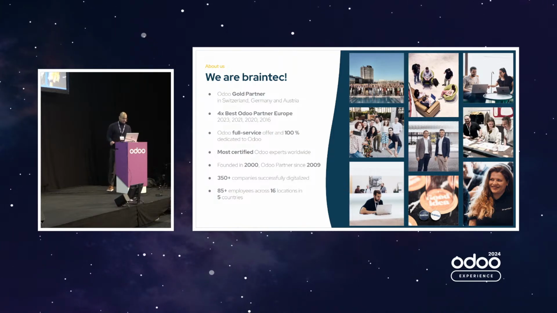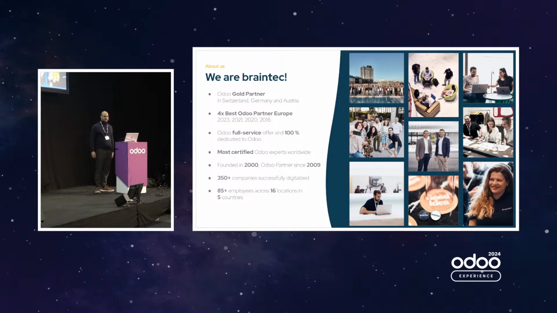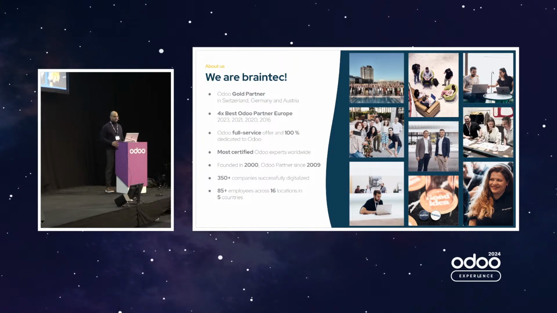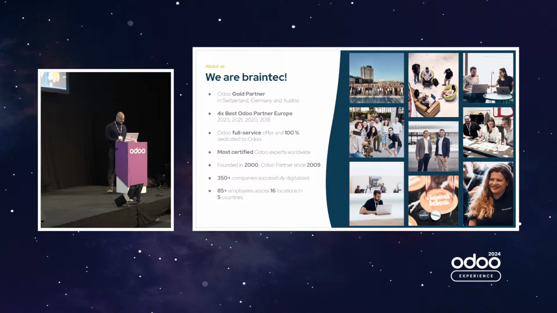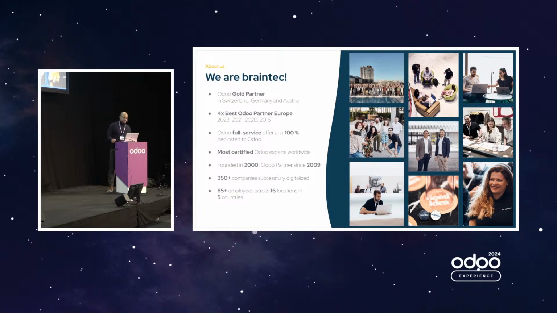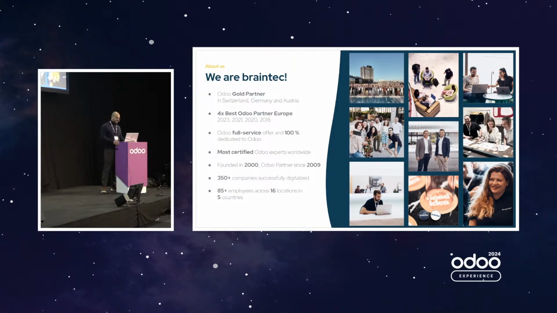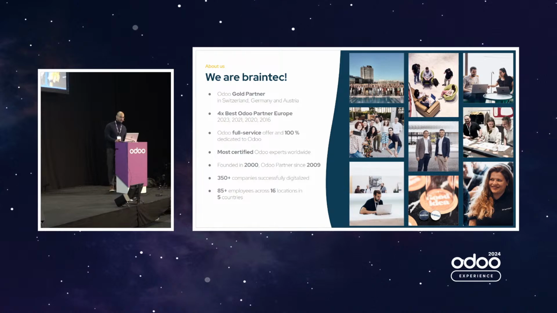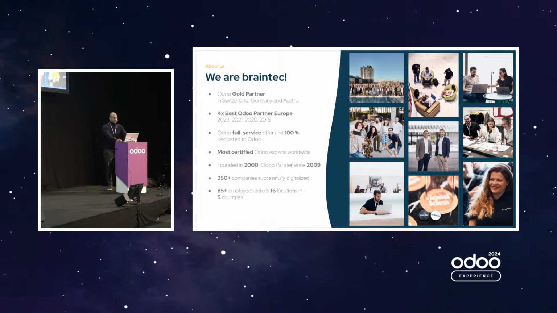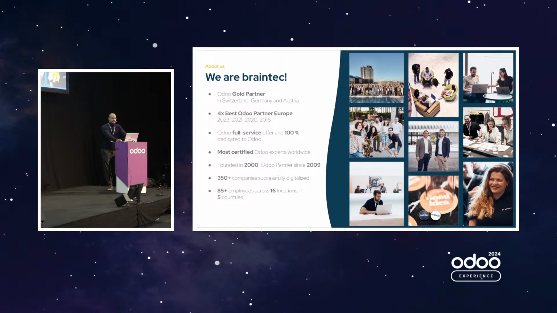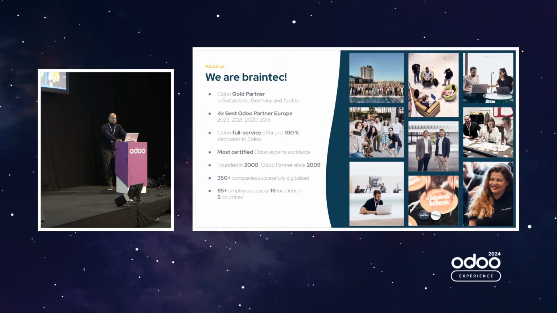We can proudly say that we were awarded 4 times as Best Odoo Partner Europe. The last time was last year, unfortunately not this year, but we will see what happens next year. Everything that we do is 100% dedicated to Odoo. Internally we also work with Odoo, and we have the most certified employees of any partner worldwide. I think that's enough of the facts about Braintec.